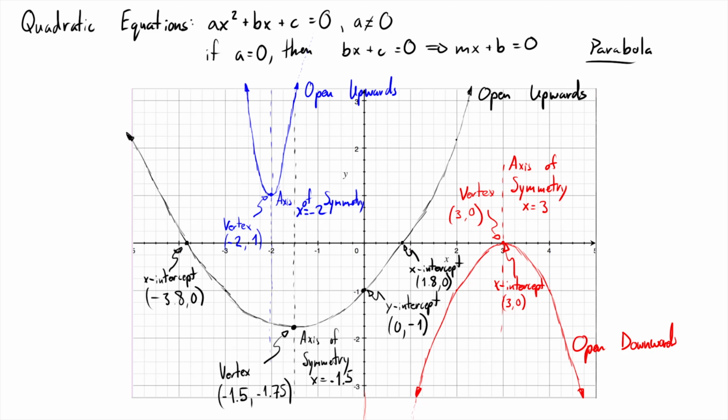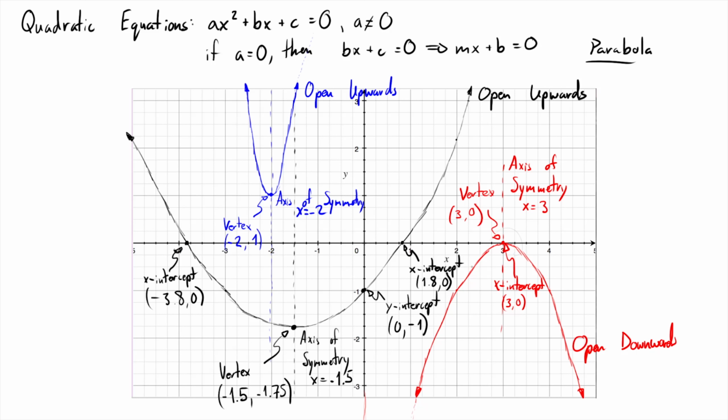We can have it cross no times, as we see here with the blue one, or we can have it cross one time, as we see with the red one. So our x-intercepts are very unique. We can have 0, we can have 1, or we can have 2. Of course, we'll never have 3 or 4 or basically more than 2. So that's one unique thing about quadratic equations and parabolas.